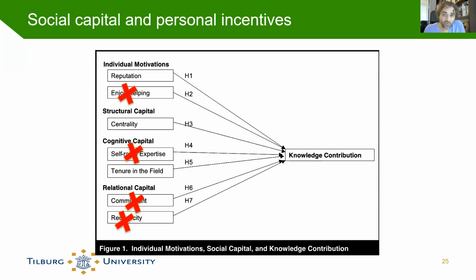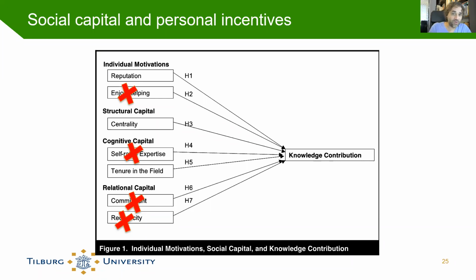And if you look at social media, then you again see that the affordances of social media are really well connected to these forms of social capital. So associations is basically the definition of structural social capital. So the ability to connect to other people is what structural social capital is.